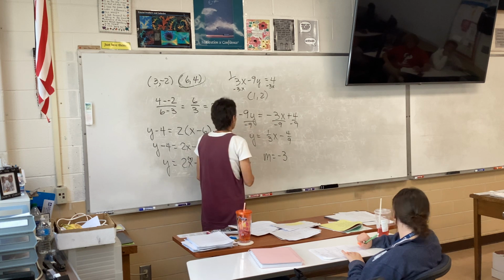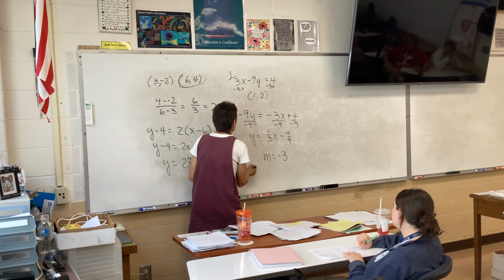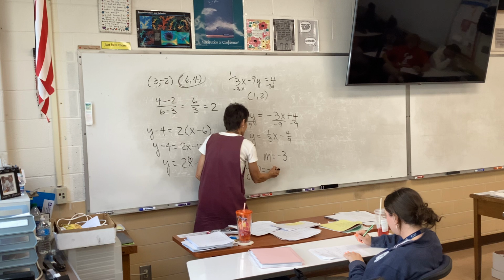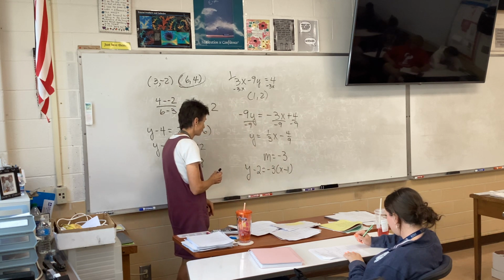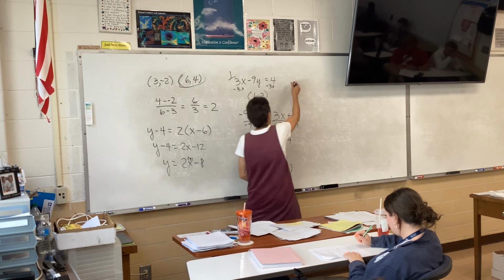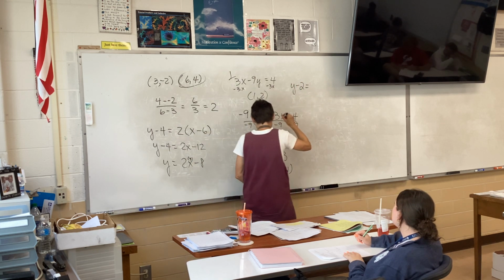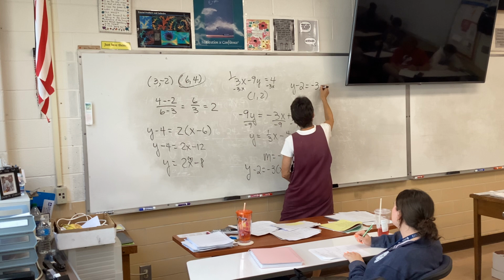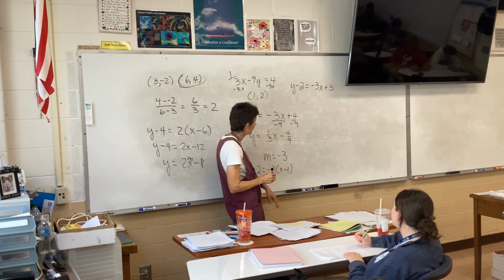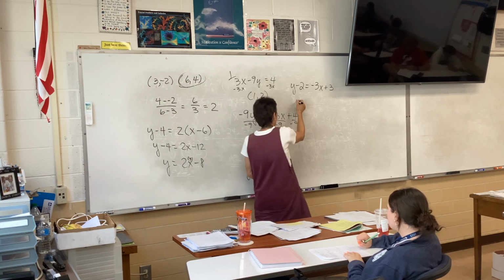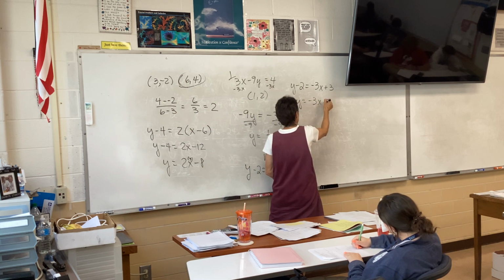All right, then I go back to my point and do what I did over here. y minus 2 equals -3 times (x minus 1). So y minus 2 equals -3x plus 3. Please don't mess up your arithmetic. -3 times -1. I got y equals -3x plus 5.